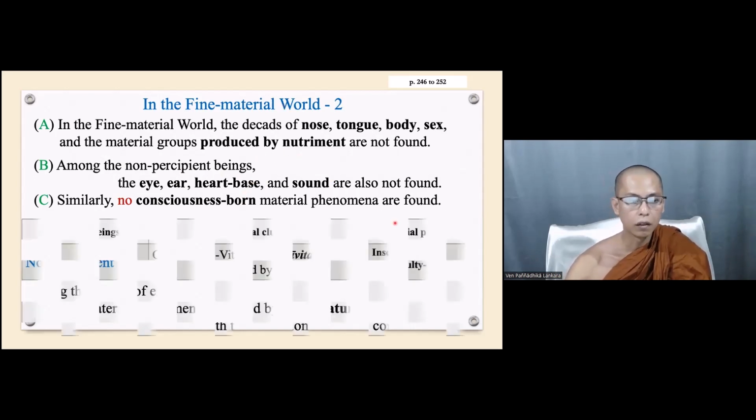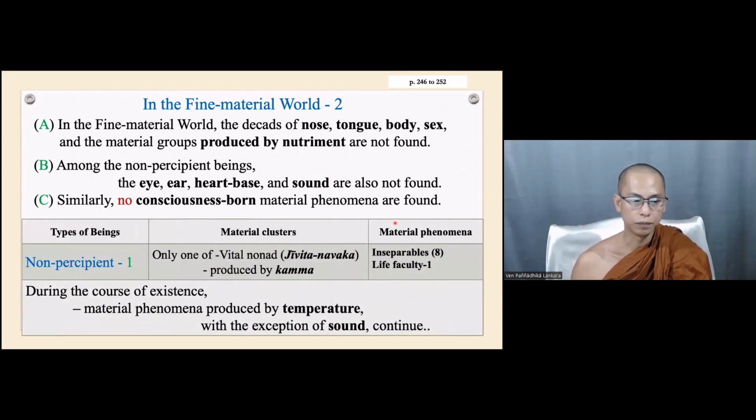So let's see the material clusters and material phenomena that arise at the moment of rebirth linking for the non-percipient being. Only the life-nonad, produced by kamma, arises at the rebirth linking moment. I cannot say rebirth linking consciousness, because there is no rebirth linking consciousness for that type of being.